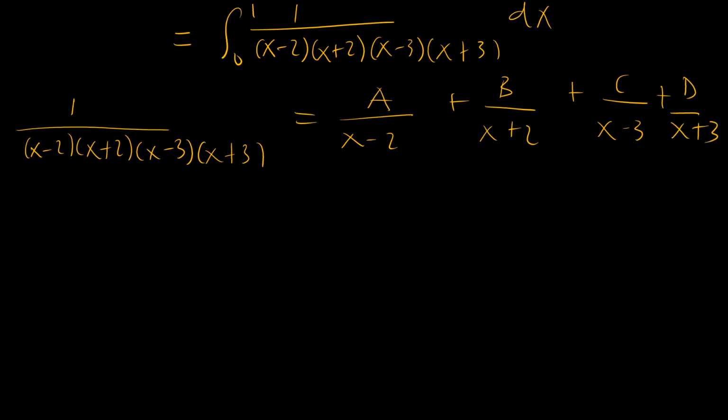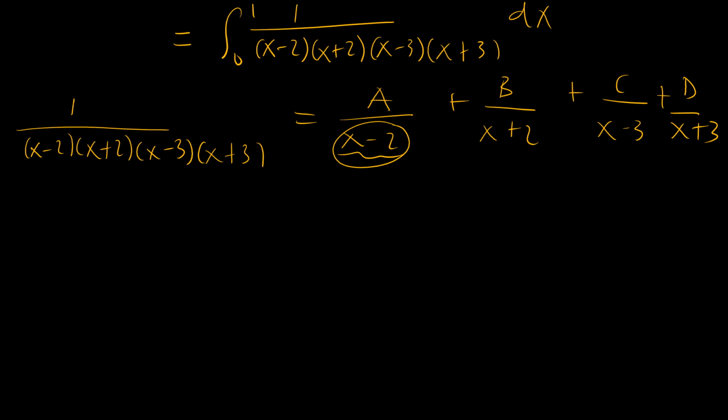And so we can solve this one at a time by multiplying by the respective denominator at a time. So let's say, for example, if we multiply this on both sides by x minus 2 and then set x equal to 2, the other parts will go to 0.